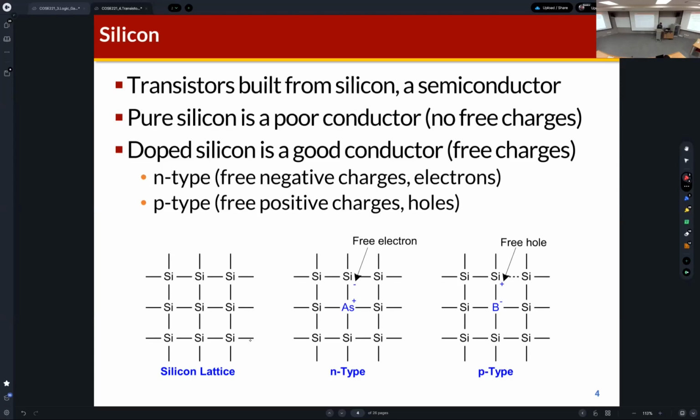But silicon is called a semiconductor, where semi means half. So it's a half conductor. As you can see, you can build transistors or semiconductor devices using silicon. So silicon is the base material of semiconductor materials.